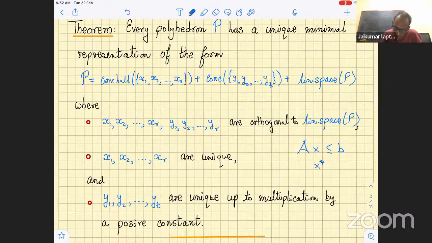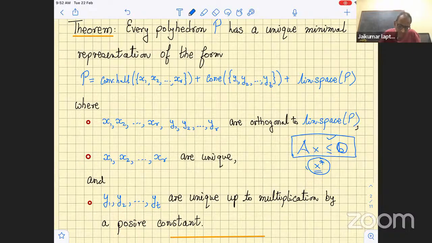That is, any positive multiple or negative multiple of x star continues to satisfy this equation. That means A x star must have been 0. If A x star was not 0, in at least one direction you would have got into trouble.